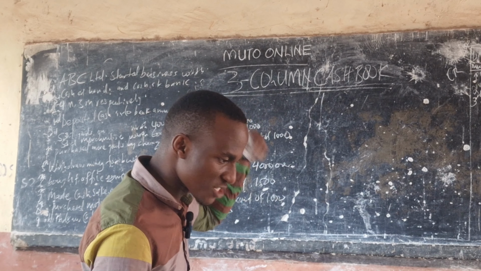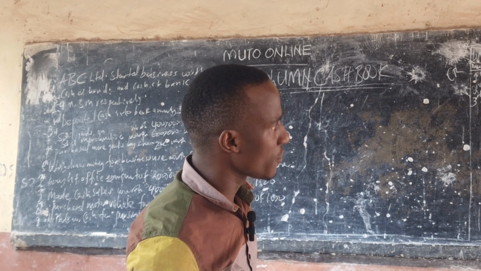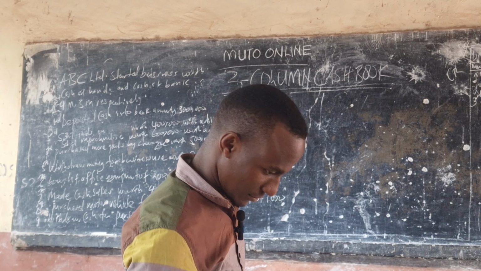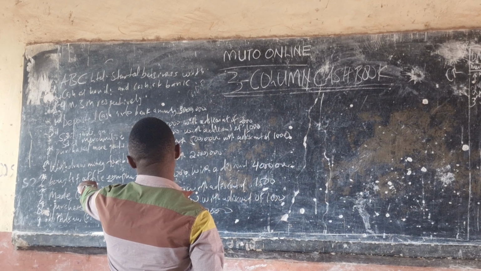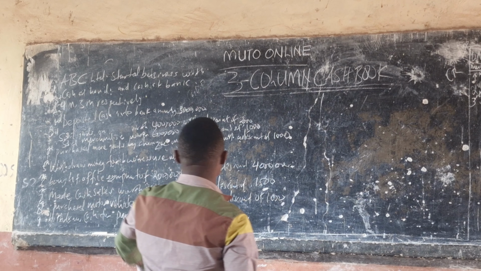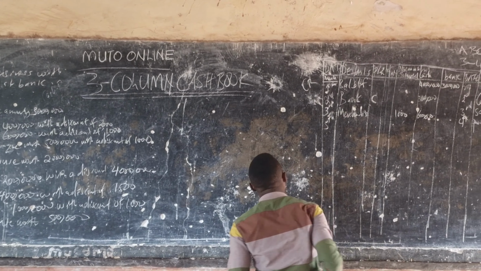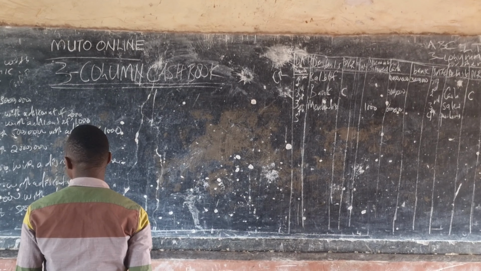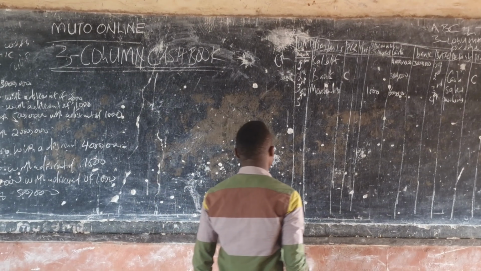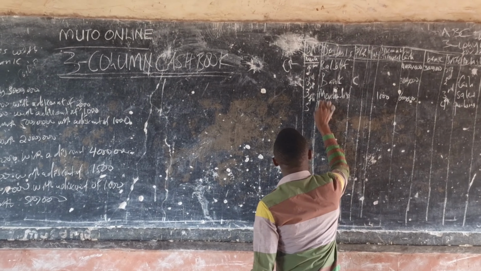So here, on the 5th, withdraw money for business use.